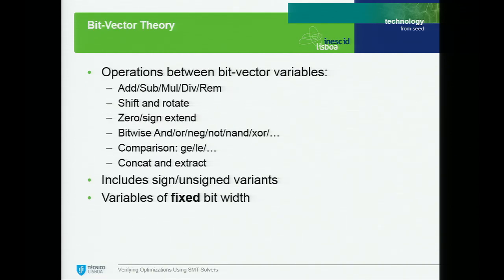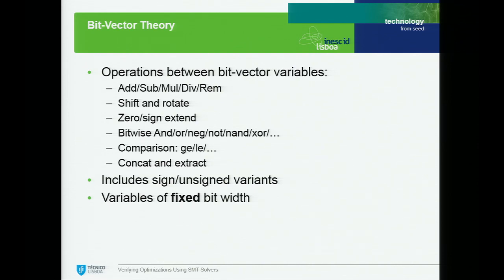The bit vector theory of SMT solvers, which is what we care about, basically supports all operations that you see in the LLVM IR, all the standard operations. In addition there are 2 operations: concat, which takes 2 bit vectors and concatenates them into 1 bit vector, and extract, which takes a bit vector and extracts a set of contiguous bits of it.